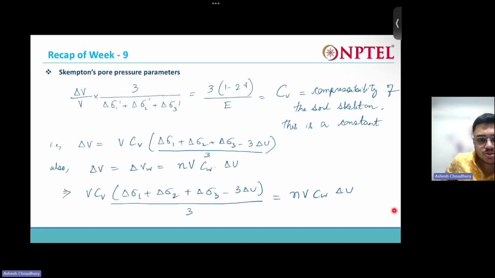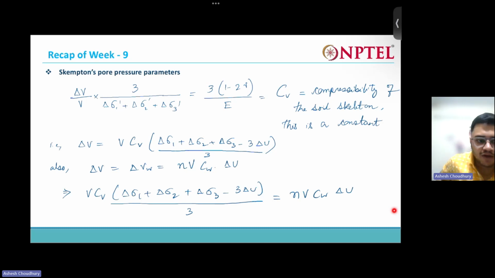Delta V by V multiplied by 3, because the mean stress has a 3 in the denominator, so 3 goes in the numerator, is equal to 3 into (1 plus twice mu) by E. This is nothing but the compressibility of the soil skeleton, and this is a constant. As you can see, this depends upon the Poisson ratio of the soil and the elastic modulus of the soil, right?